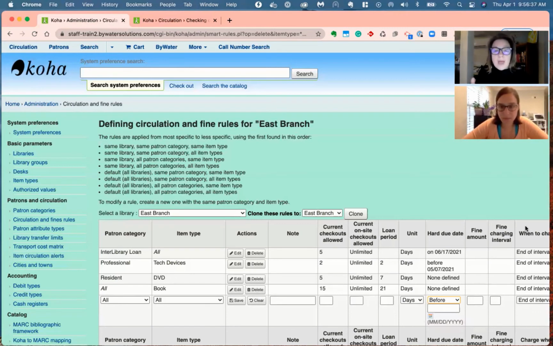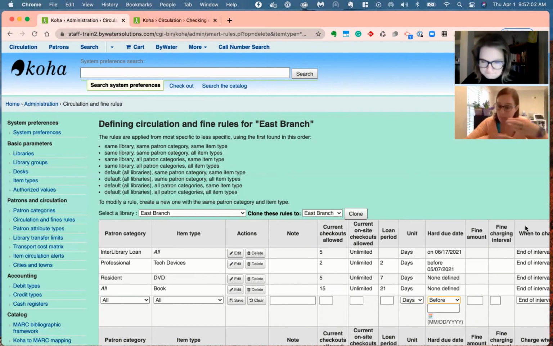Okay, well, that covers setting up a circulation rule for a specific branch in a multi-branch system. You're going to look at two system preferences, and you're going to set up those rules in this particular branch if you want that to be followed. And remember, depending on what you choose, these rules will be taken into consideration first.